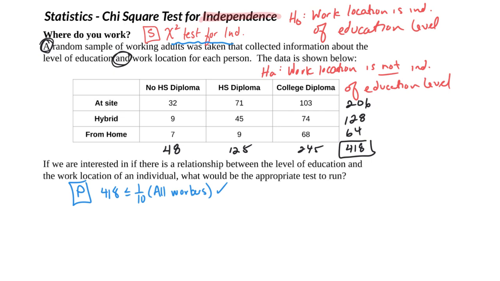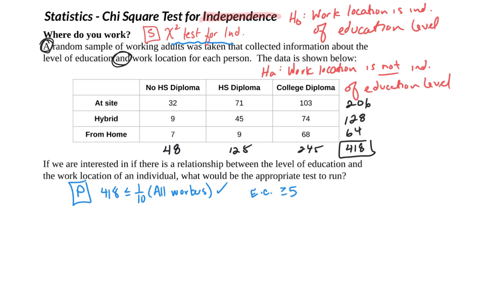Check. Now, in a chi-square test, our second condition is that all of our expected counts are greater than or equal to 5. And the way we calculate our expected counts is really like a reallocation of the proportions. We basically would say how many people with no high school diploma worked at a site, and then we reallocate that to say, well, how many should have been here?